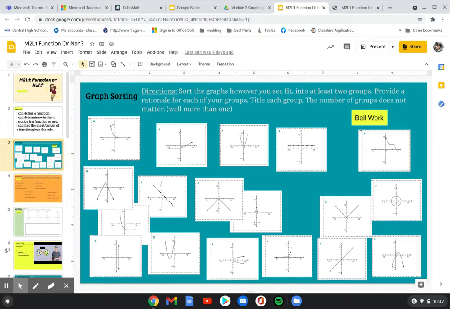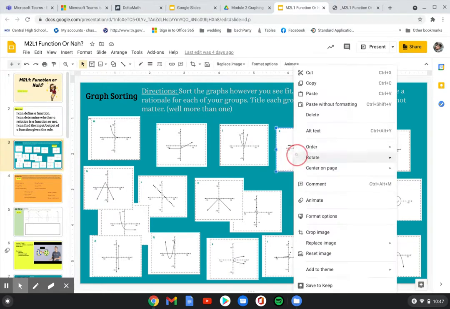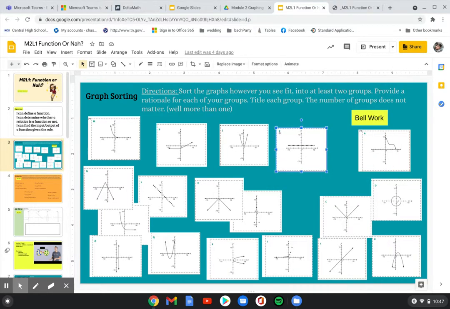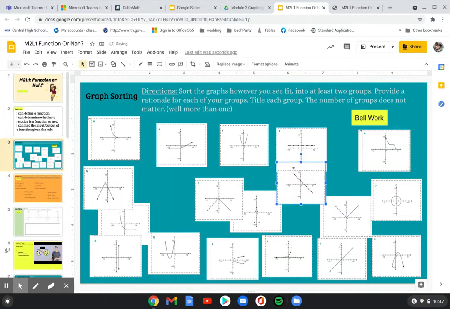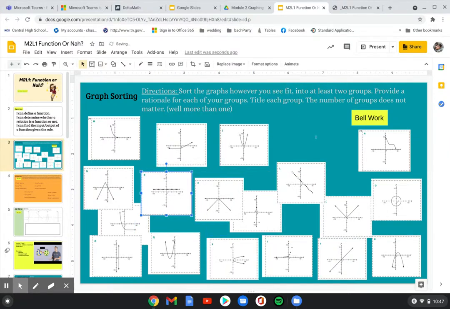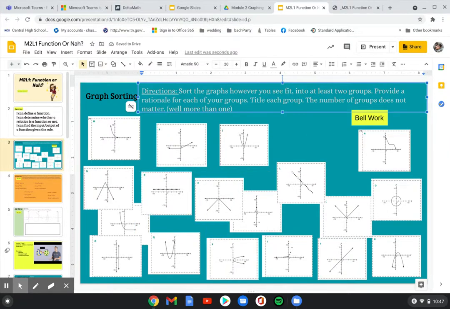So like, I think these dots go together. If you could click it, I would put this with this and move them together. You can do whatever you want. If you hate that idea, don't do that one. But you need groups.